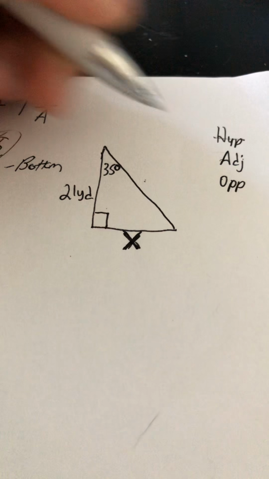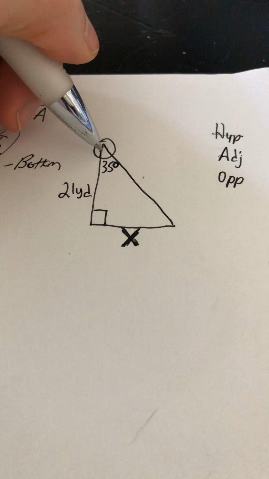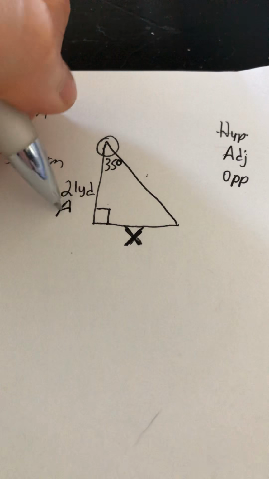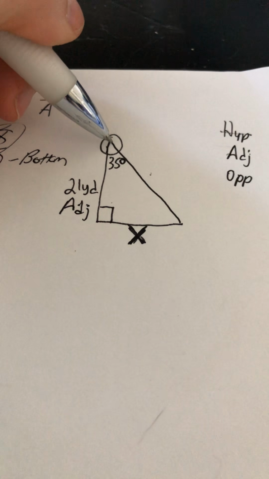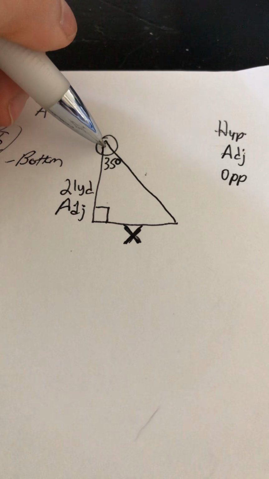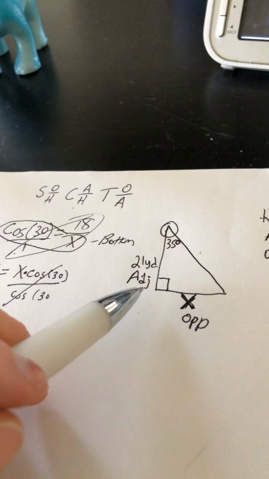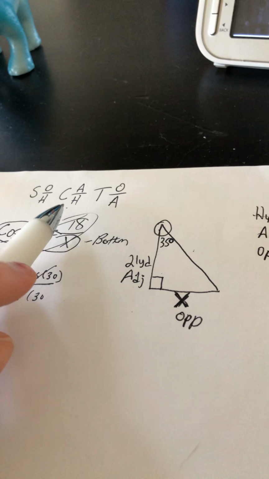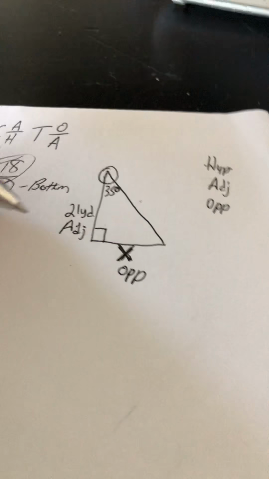The adjacent is next. Looking at my angle, the adjacent is the side touching it that's not the hypotenuse. That's going to be our 21 yards. So I'm going to label ADJ for adjacent. And then the side not touching our angle is the opposite. So we've got x is the opposite. So which trig function deals with adjacent and opposite? Sine, cosine, or tangent? That's right, it's tangent.